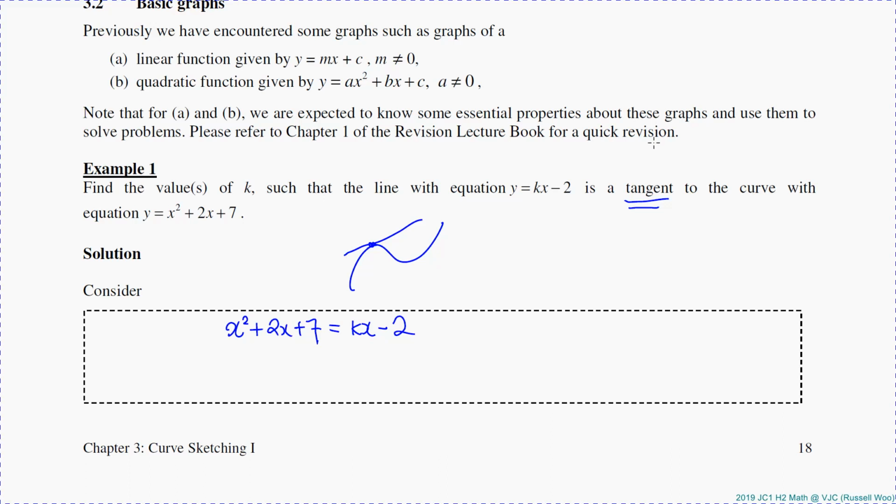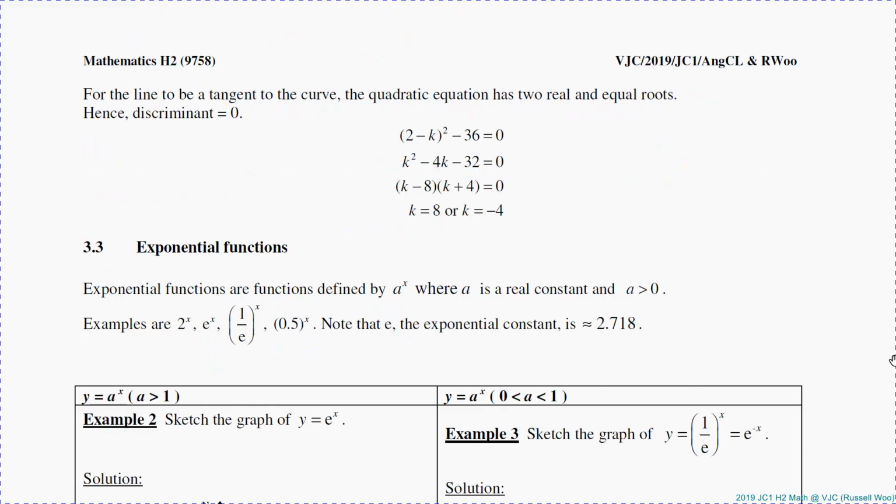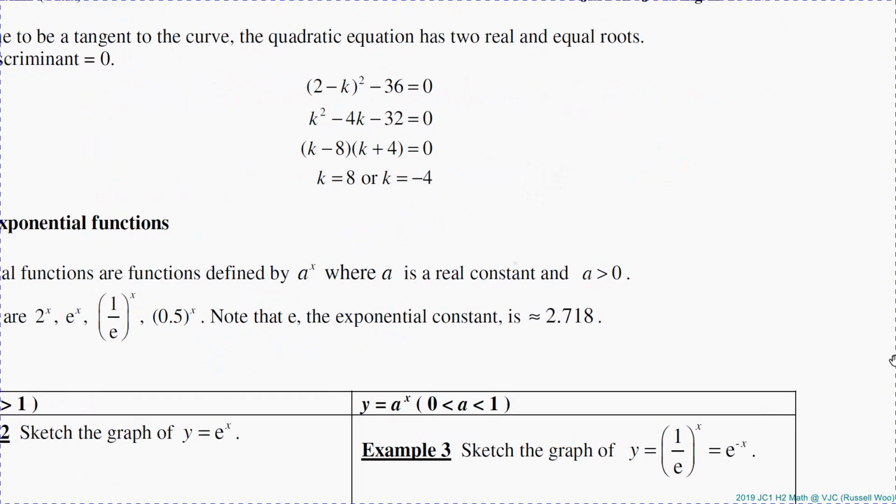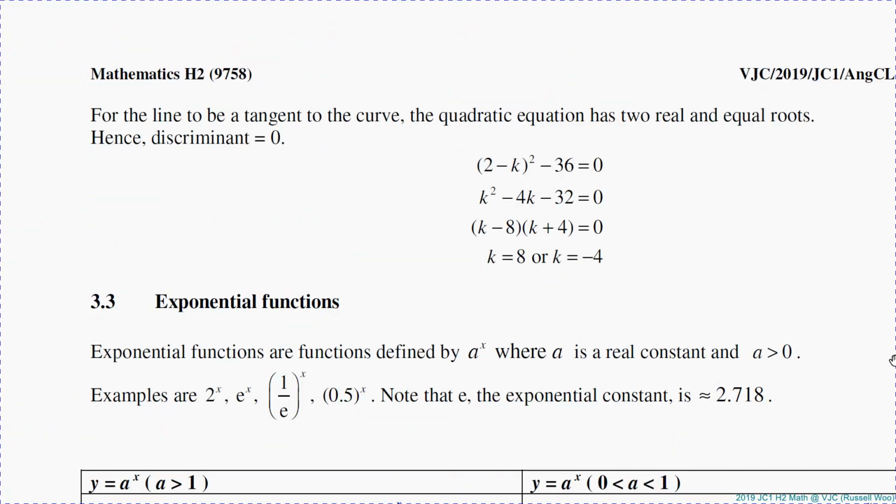But the key word here is tangent. If it's a tangent, it means that this quadratic equation, x squared plus (2 minus k)x plus 9 equals 0, which I simplify by bringing the k across, in order for it to be a tangent, the quadratic equation must have two real and equal roots.